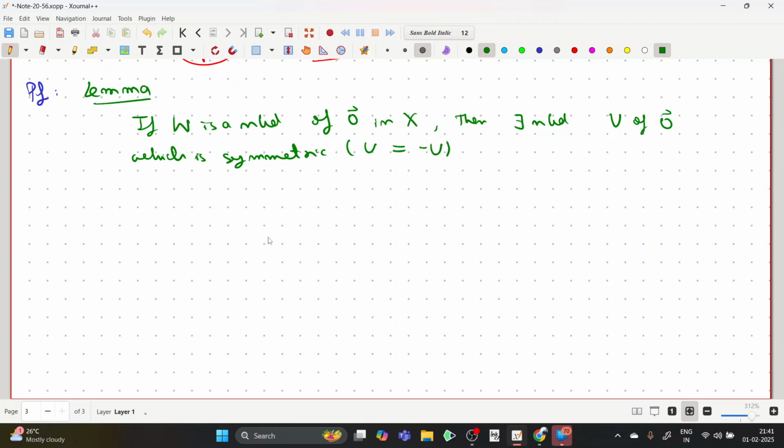Minus U means multiplying each of the elements by minus, where minus means the additive inverse. So U is symmetric and satisfies that U plus U is contained in W. Okay, fine. So how do I prove this? The proof of this lemma.